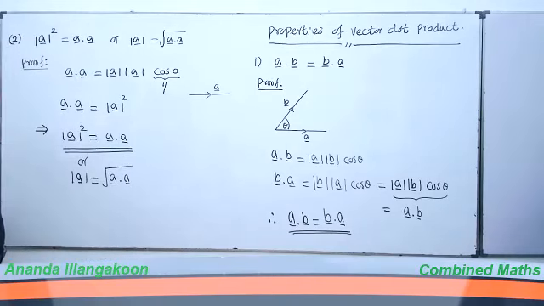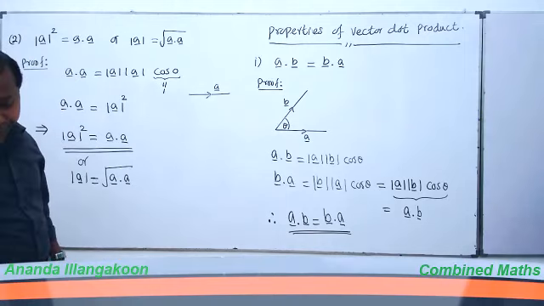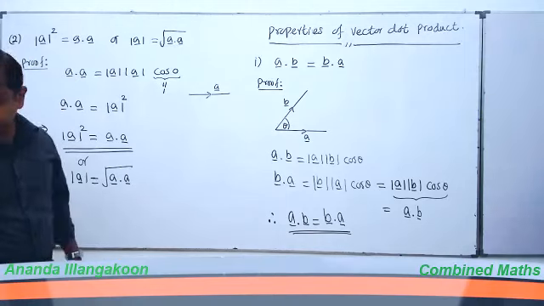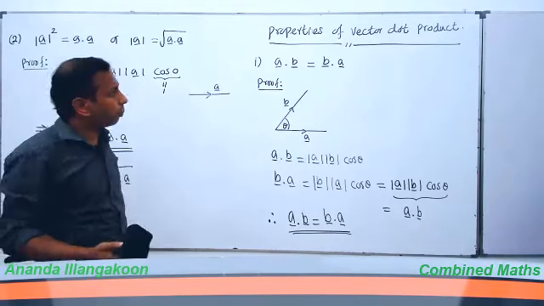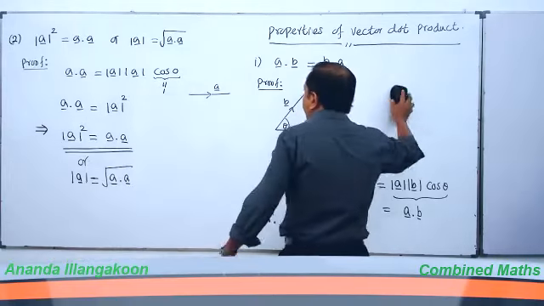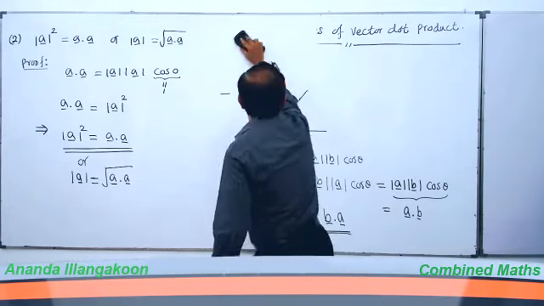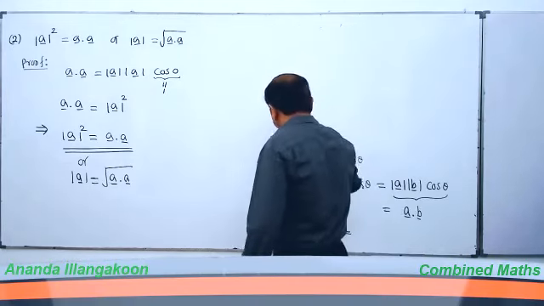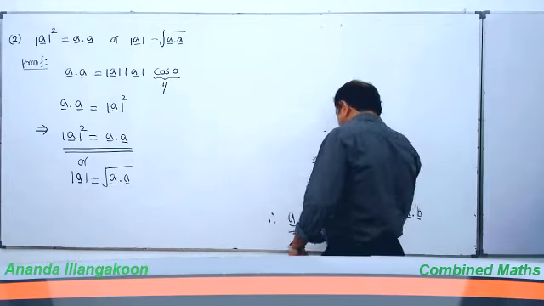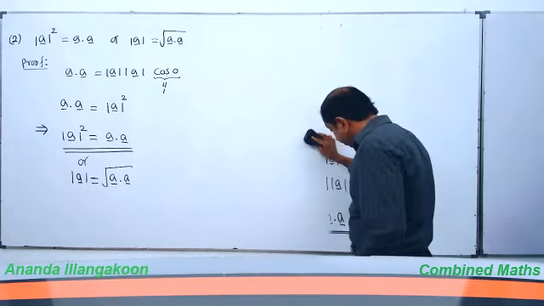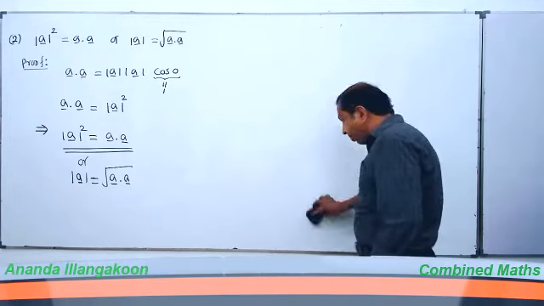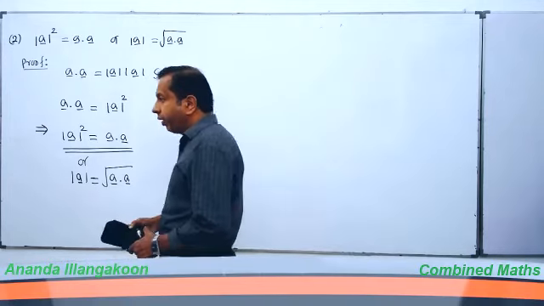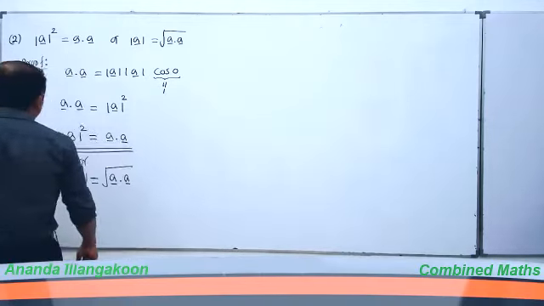We'll come to the next property, number 3. Third property, write down. Number three, write down the angle between two vectors.